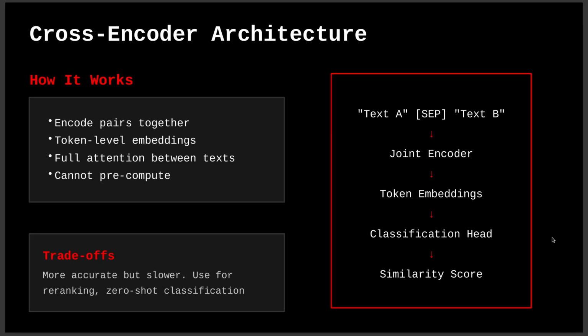All right, so let's talk about the cross encoder. The main premise here is that we're going to be providing two separate texts to the encoder at the same time. And this full attention between texts is what allows it to give a richer, more accurate comparison between the two texts.